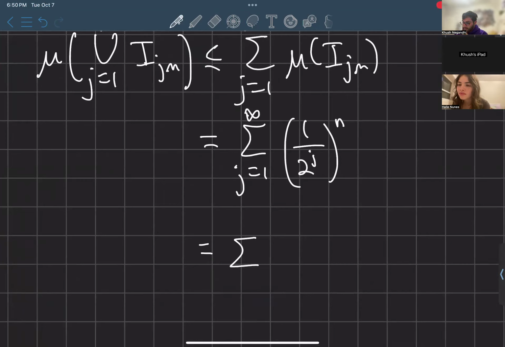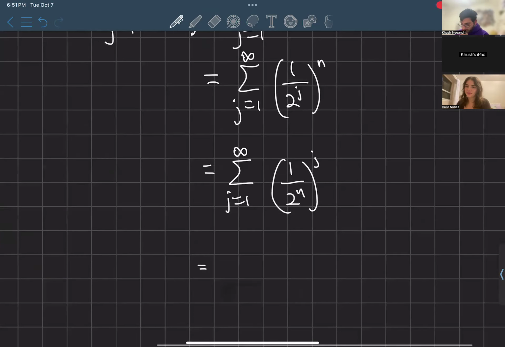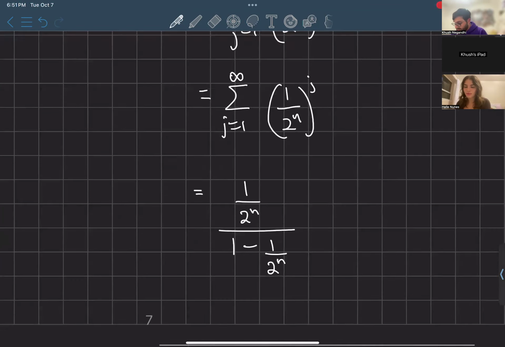The way I can see this is if I replace this with 1 over 2 to the n to the power j. Now the formula for the geometric series is the first term divided by 1 minus the common ratio. So the first term here is this, and the common ratio is 1 over 2 to the n.